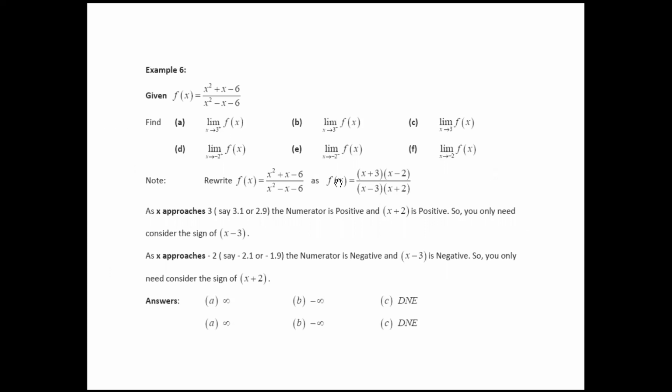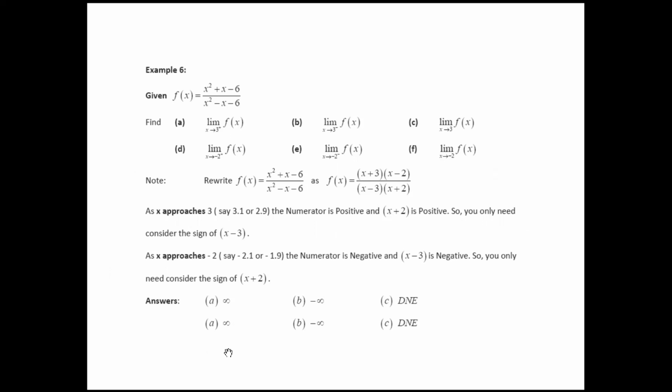This numerator factors, does it not? X plus 3 times x minus 2 is going to give you x squared plus x minus 6. And so is this denominator factorable. This is going to give you x minus 3 times x plus 2, because when we FOIL this, we get x squared minus x minus 6.